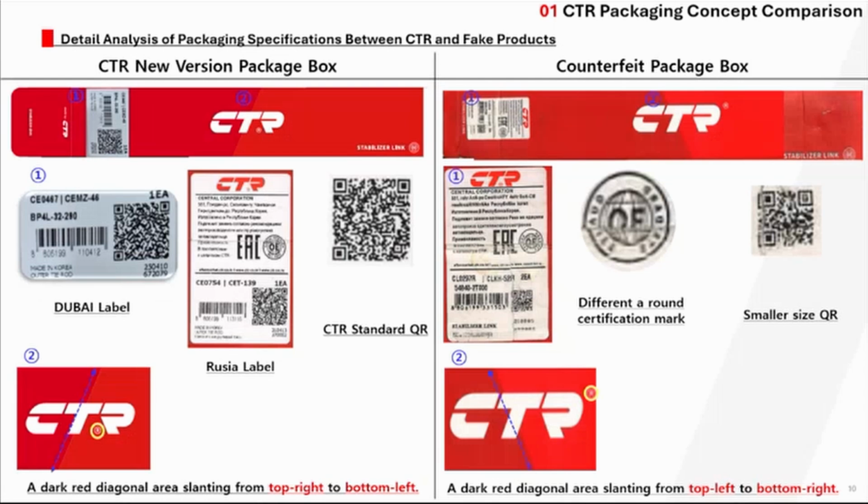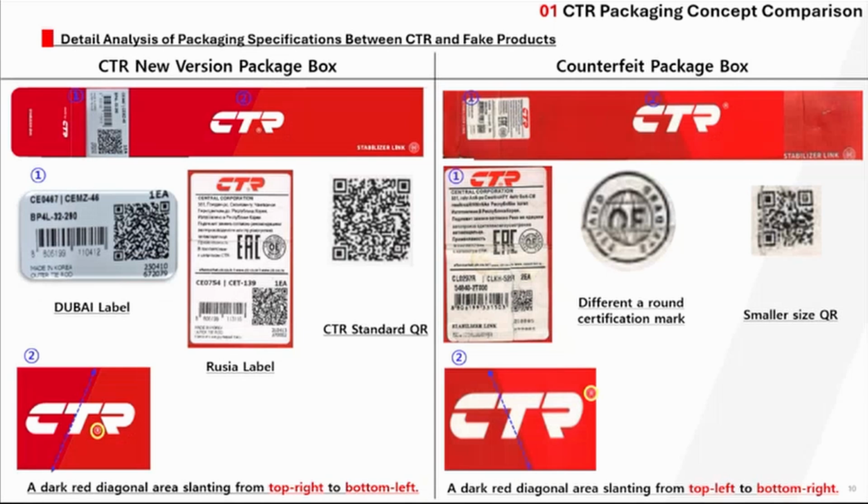Second, look at the background design behind the CTR logo. On the genuine box, the dark red diagonal fades smoothly from top right to bottom left. On the counterfeit, the direction is reversed, top left to bottom right, and the gradient lacks depth and consistency.